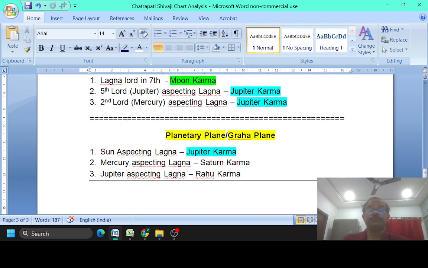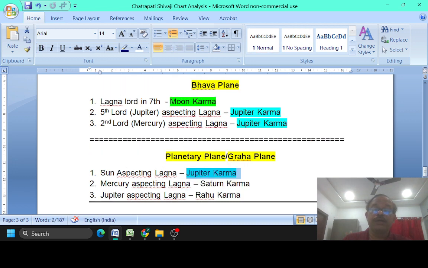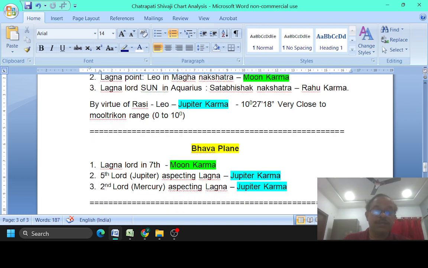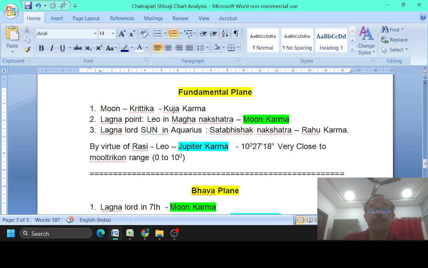Now observe the planetary plane again. There is a repetition of Jupiter karma. So Jupiter karma is there on all three planes, whereas Moon karma is dominantly present in the first and second plane. As a whole, we can say the native has two dominant karmas.